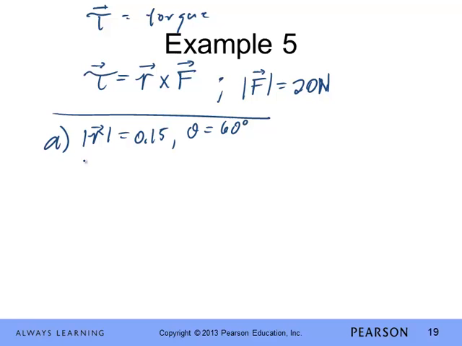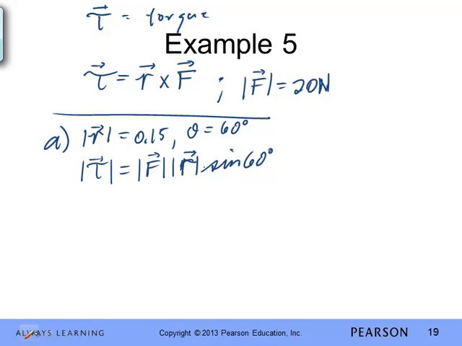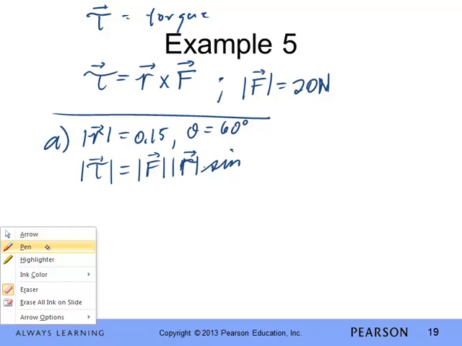So the magnitude of the torque will be the magnitude of the force times the magnitude of r times the sine of the angle between them. Well, I should just call that theta. It's always good to start off with the basic set.